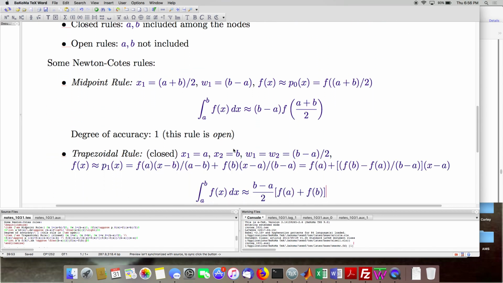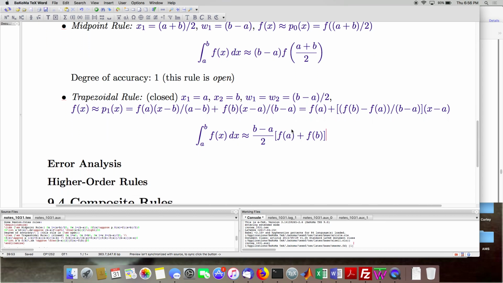Yeah, and the weights are these, (b minus a)/2. So the integral of either one of these Lagrange polynomials on [a, b] is (b minus a)/2. Okay, so also, a nice simple rule for approximating the integral from a to b.